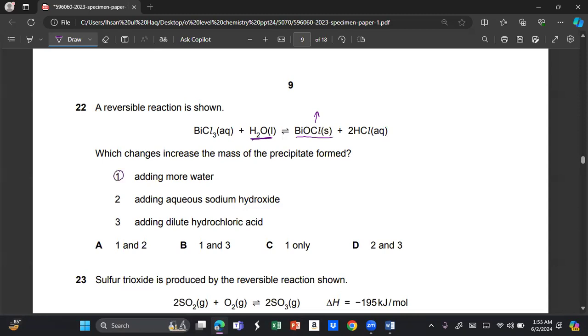Option 1 and option 2, yes. Option 3, adding dilute HCl. When we add dilute HCl, the reaction will go backward. The amount of BiOCl will decrease. Option 3 is not acceptable. So what should be the answer? A, 1 and 2.